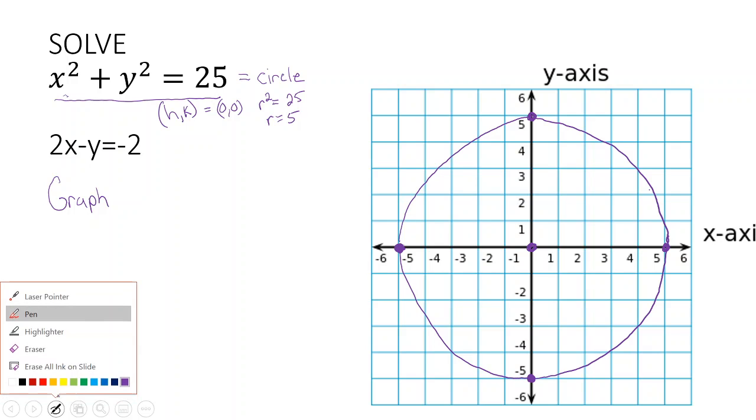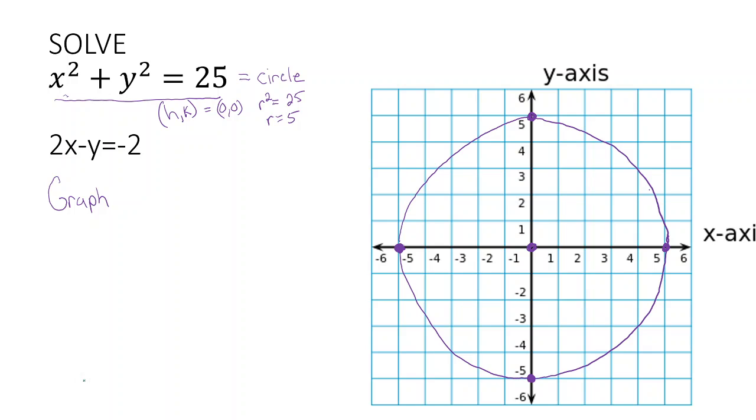Now, we're going to take the second equation right here, and we're going to graph that. And we'll see that that's not a circle. It's not a parabola. It's not an ellipse. There are no squares in it.